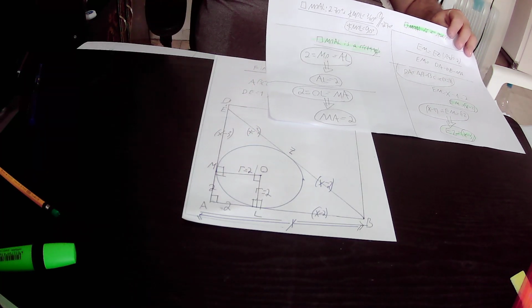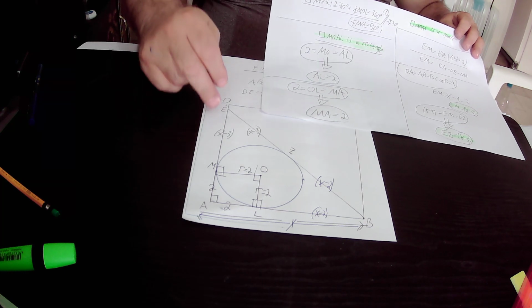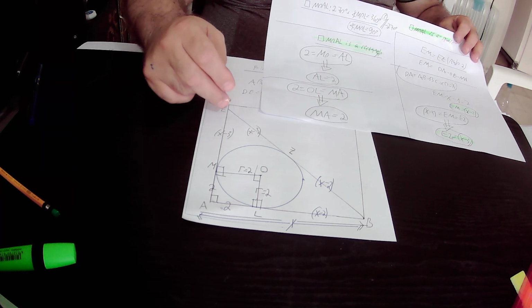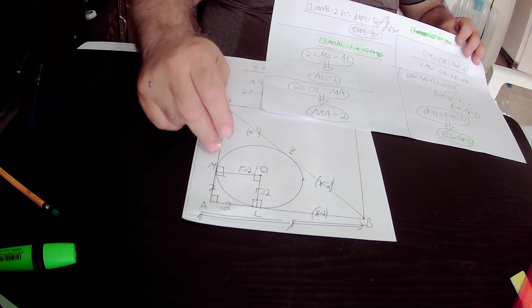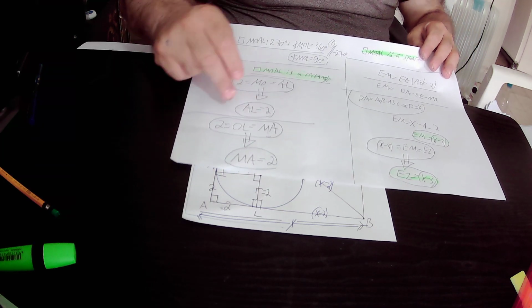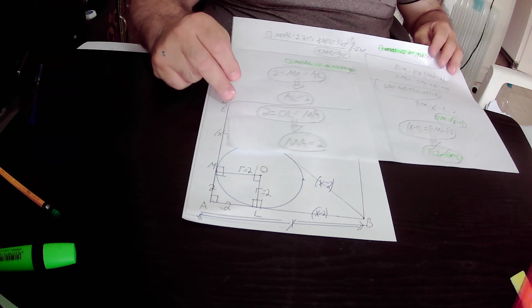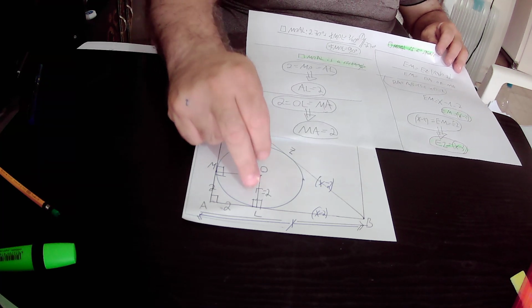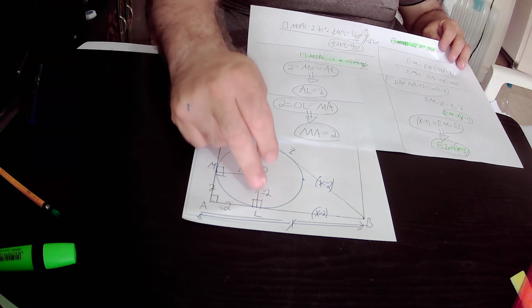Likewise, according to the rule that the opposite sides of a rectangle are equal to each other, we derive that MA equals OL. But here OL equals 2 units. We already found out that OL equals 2 units.